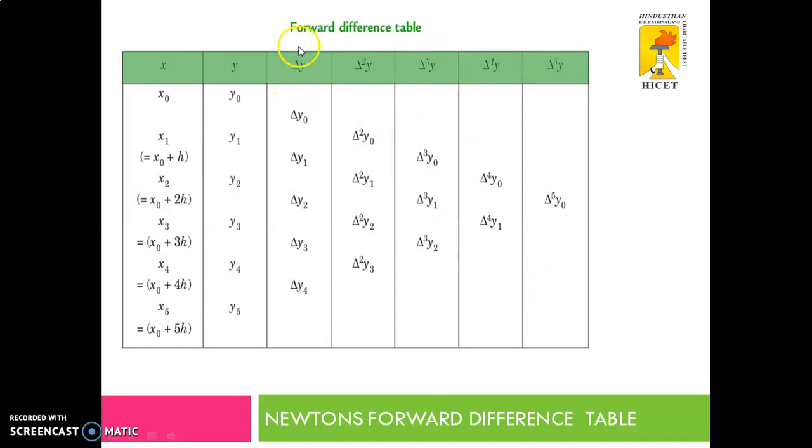The first forward difference is formed by subtracting y1 minus y0, y2 minus y1, y3 minus y2, and so on. The delta square is formed by subtracting delta y1 minus delta y0, delta y2 minus delta y1, and so on. We proceed with this table till we get a constant value.